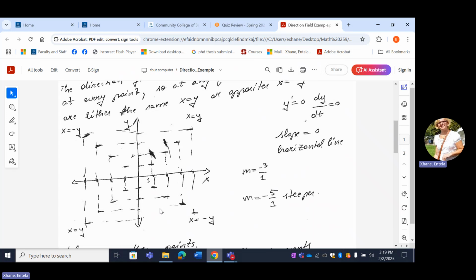And these line segments are defined based on the point that you're selecting in the system of coordinates and the slope of the line. A line has no boundaries, but a line segment has 2 endpoints. So the direction field requires line segments.